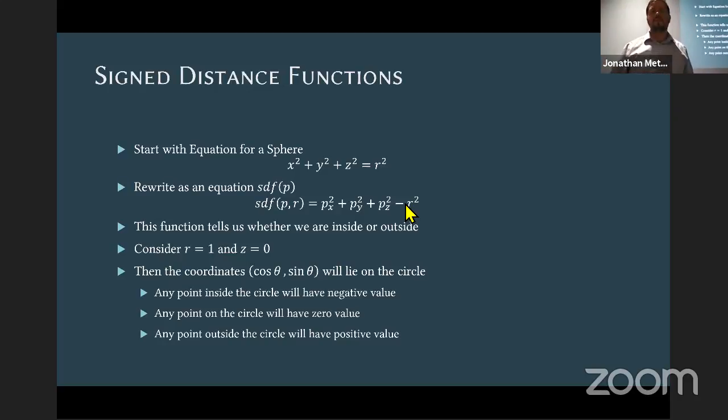We have positive. That's how we figure out whether we're inside or outside, by looking at the sign of this signed distance function. Not only do we get the sign, we also get the distance. How far are we from this object?